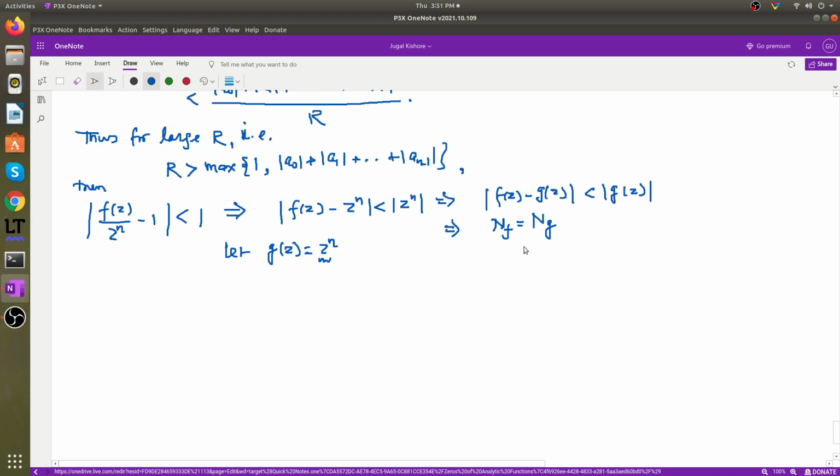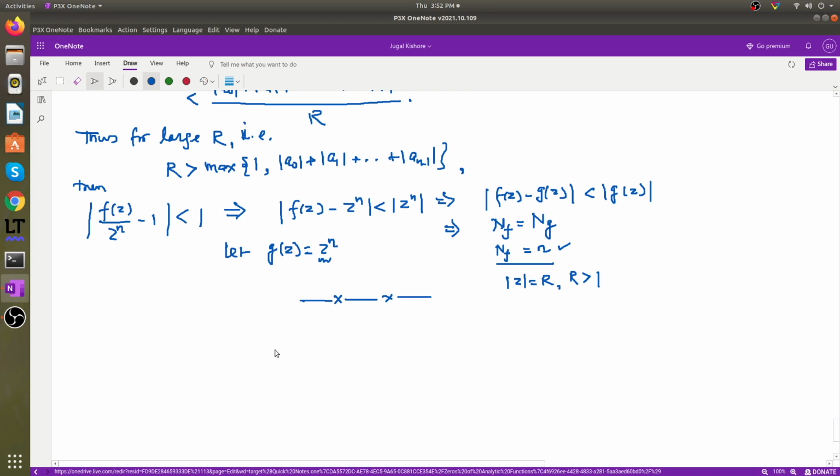That means the polynomial f that we have taken has n roots in mod z less than R, where R is a sufficiently large number. So we have obtained that a non-constant polynomial of degree n has exactly n zeros in the complex plane C. Therefore, by using Rouche's theorem, we can get the proof of the fundamental theorem of algebra.